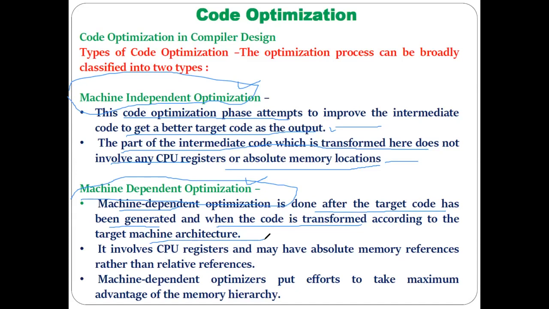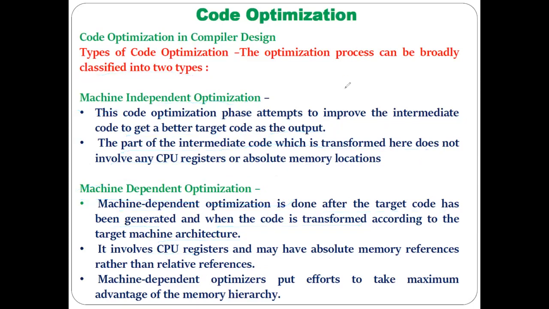When this optimization happens, we have to think about the machine's CPU registers, memory references, instruction set, etc. As this optimization is performed after target code generation, it is called machine dependent optimization.